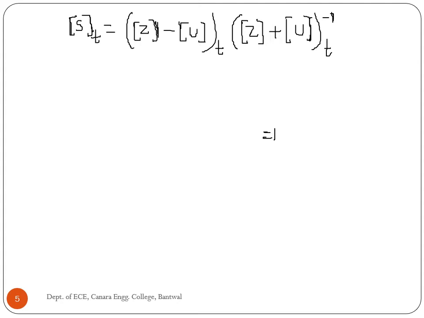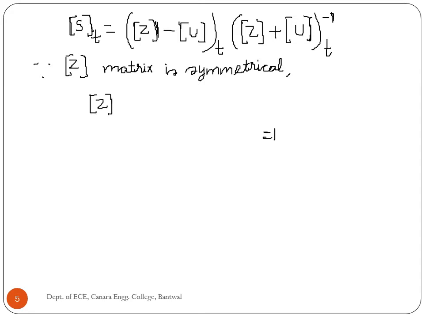Since the Z matrix is symmetrical, the transpose of (Z matrix minus unity matrix) is equal to (Z matrix minus unity matrix).